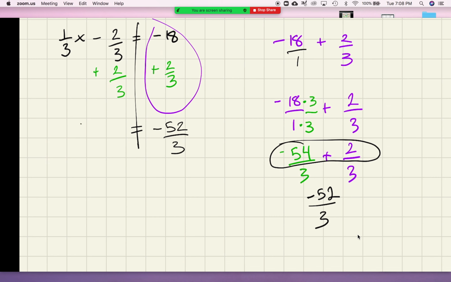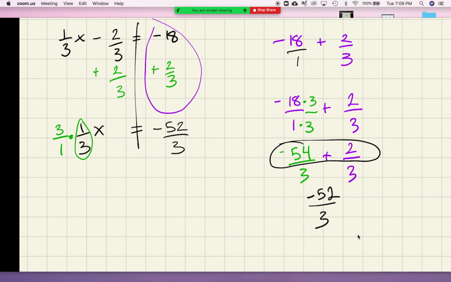Then we have 1/3 x equals negative 52 over 3. The last step, we did it once yesterday, so I don't expect you to remember, but when you have a fraction times the variable, one way you can do it all in one step is to multiply by the reciprocal, which just means you flip over that fraction.